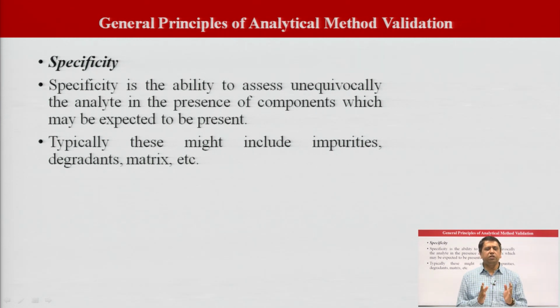Otherwise, the response that we are getting is false, not truly because of the analyte. Because of this, the first parameter that we perform for validation of an analytical method is specificity. The method should be specific.